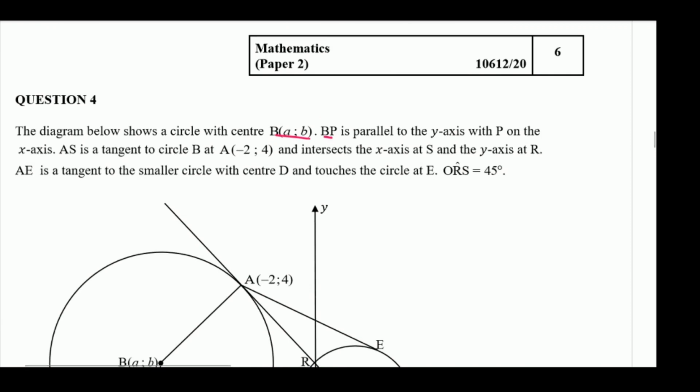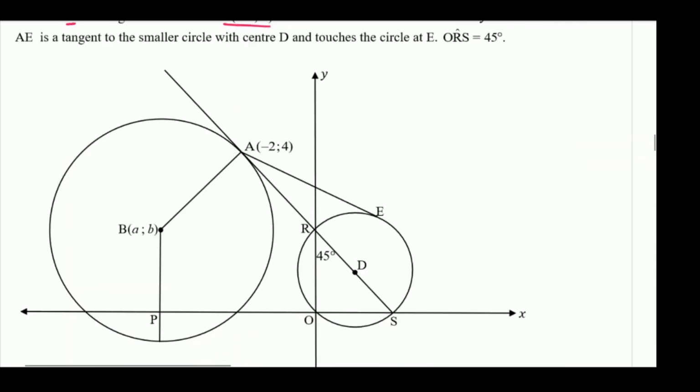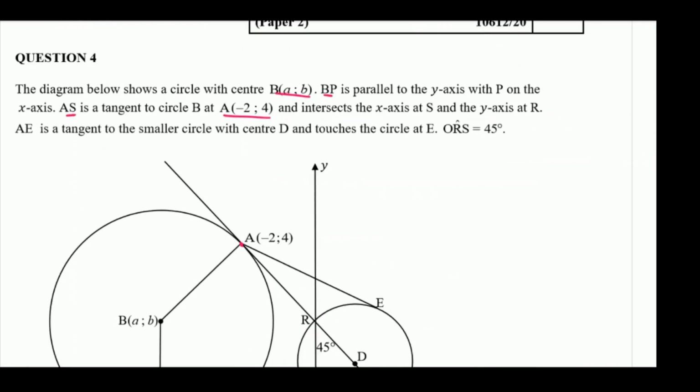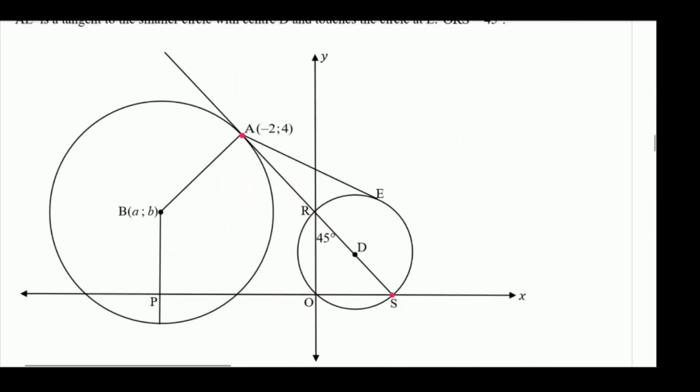Okay, cool. And then AS is a tangent to the circle B at A. So AS is a tangent, so this line here from this point up until that point, it is a tangent, right? And we are given point A, which is this one here, is given as -2 and 4, and intersect the x-axis at S. So the same tangent intersects the x-axis at S, right?